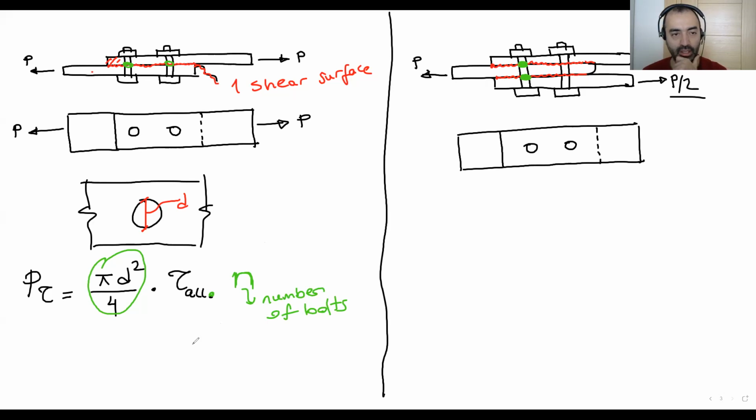That's the total shear capacity of the bolts.